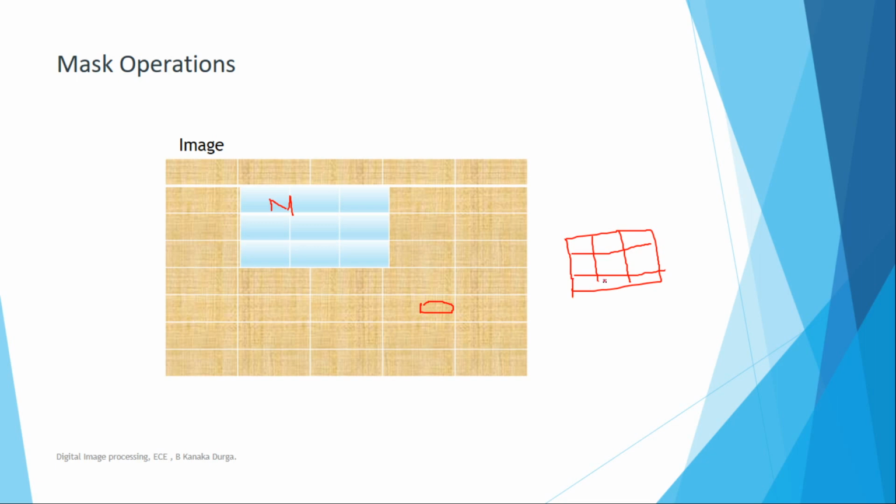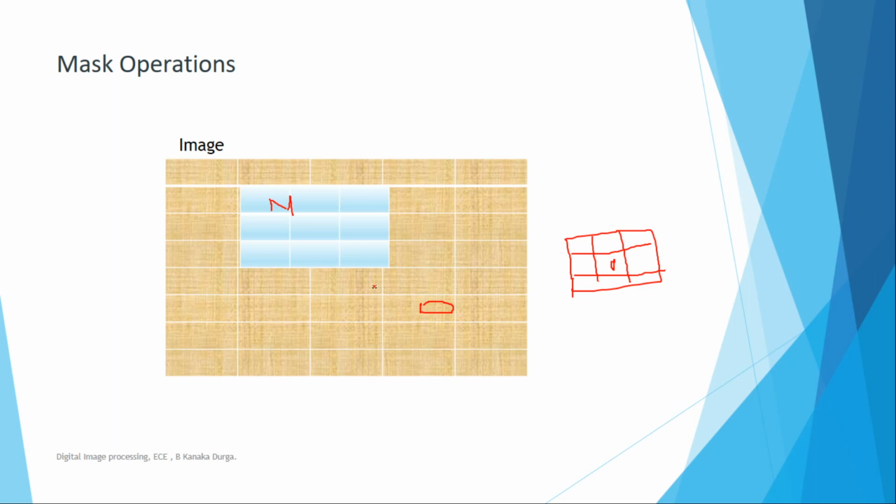I am assuming this is the center, or the origin, of this mask. How to do the mask enhancement technique? We have to keep the mask in such a way that the center of the mask coincides with this pixel value.